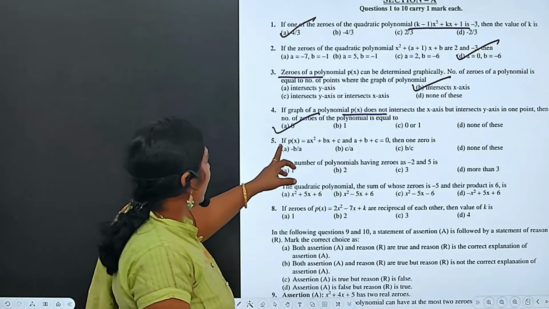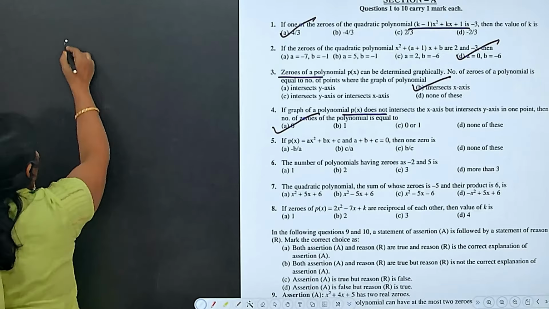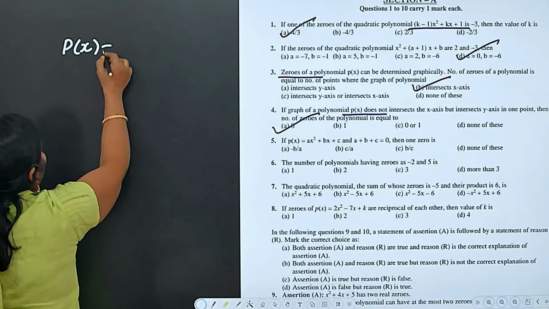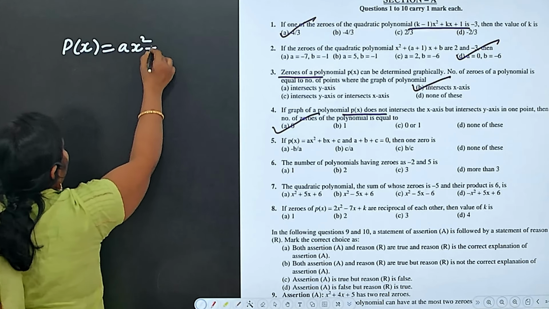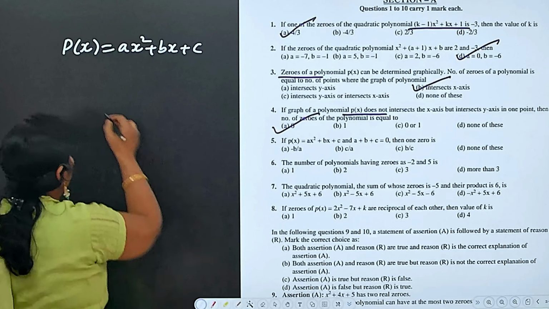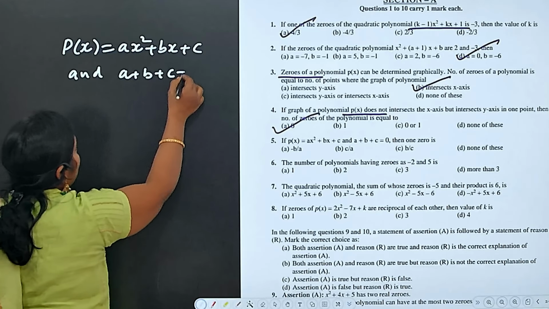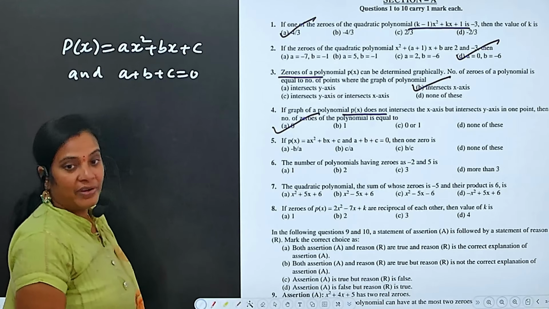Fifth question. If P of x equal to ax square plus bx plus c, and another condition is a plus b plus c equal to 0, they are asking then 1 zero is.